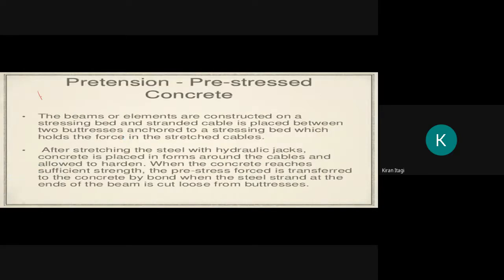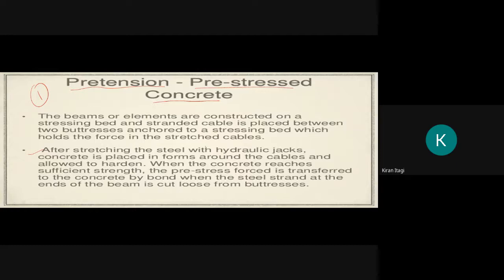So the first one is pretension. Don't get confused: pretension, pre-stressed concrete. The beam or the elements are constructed on a stressing bed, and strand cables are placed between the two abutments anchored to the stressing bed, which holds the force in the stretched cables.